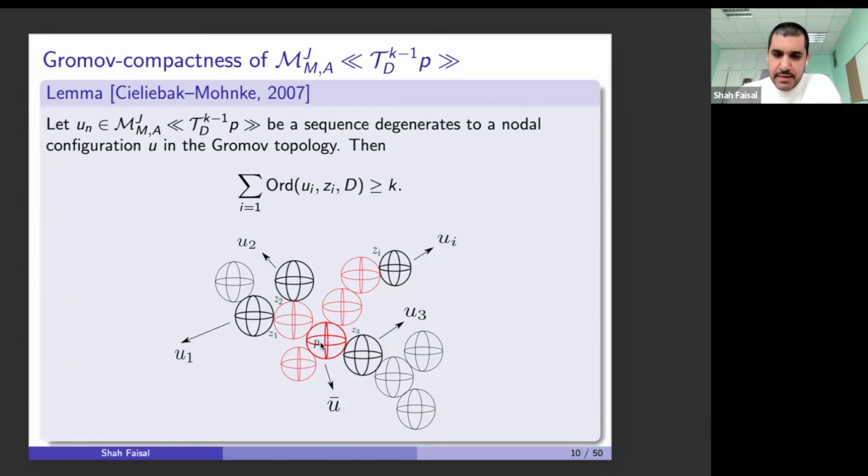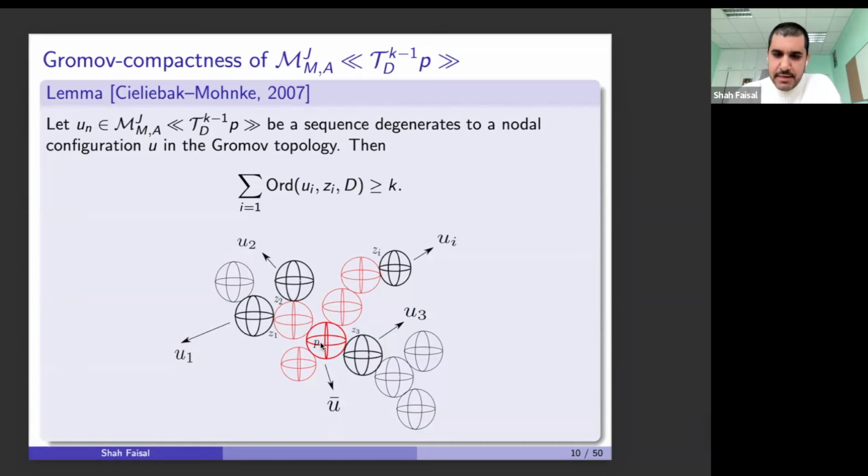And you look at the non-constant components that are attached to this maximal tree. So in this picture, U1, U2 are the non-constant components, and they have nodes with these ghosts. Let's say the nodes are realized by the points Z1, Z2, and so on.